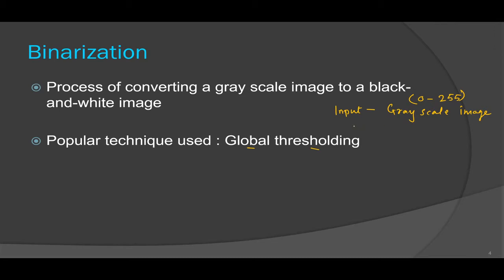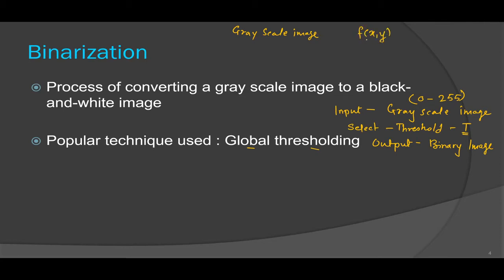So given the input image, we are going to select a proper threshold, say T, and using this threshold we are going to convert the grayscale image into the binary image. So how does this thresholding work? Let us assume that we have a grayscale image and each pixel intensity is given as f(x, y).